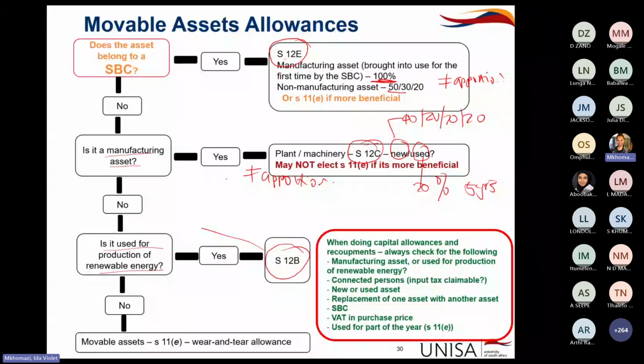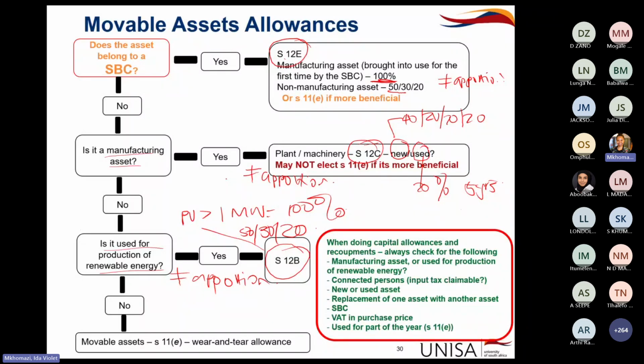If it's a PV, a photovoltaic solar energy that exceeds 1 megawatt, then you get 100%. Then for any other assets that are used in renewable energy, you get the 50, 30, 20. Here again, we do not apportion.